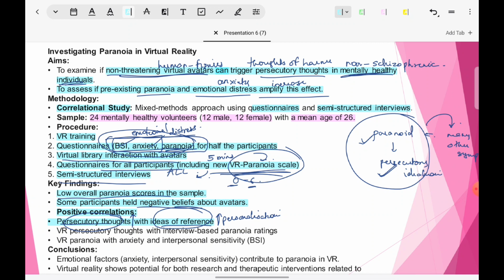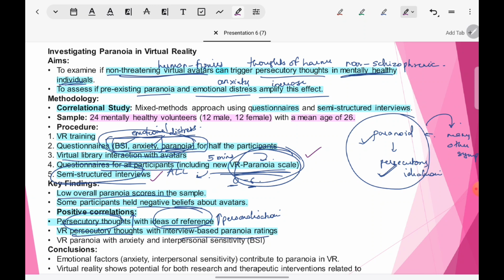Next, it was found that those who have persecutory thoughts, as seen on the questionnaire, the VR paranoia scale, also got higher ratings from the clinical psychologist on the semi-structured interview. We've already seen that the paranoia scale and the semi-structured interview are measuring the same thing, how much persecutory ideation a person is having.